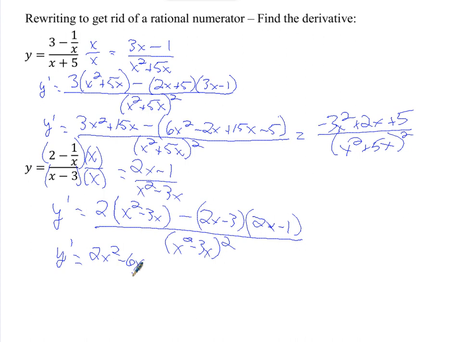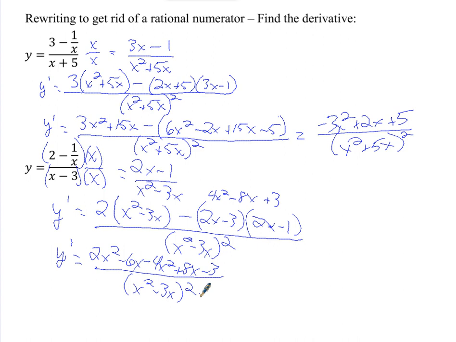So what I'm going to do here is I'm going to FOIL this here, and then I'm going to simplify that there so that I don't make sign mistakes. This becomes 4x squared minus 2x minus 6x, so minus 8x, plus 3. So I have minus 4x squared plus 8x minus 3 all over the x squared minus 3x squared.